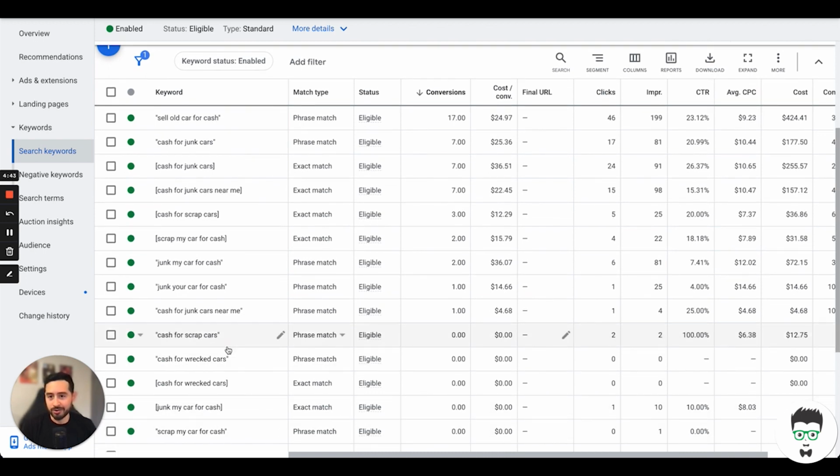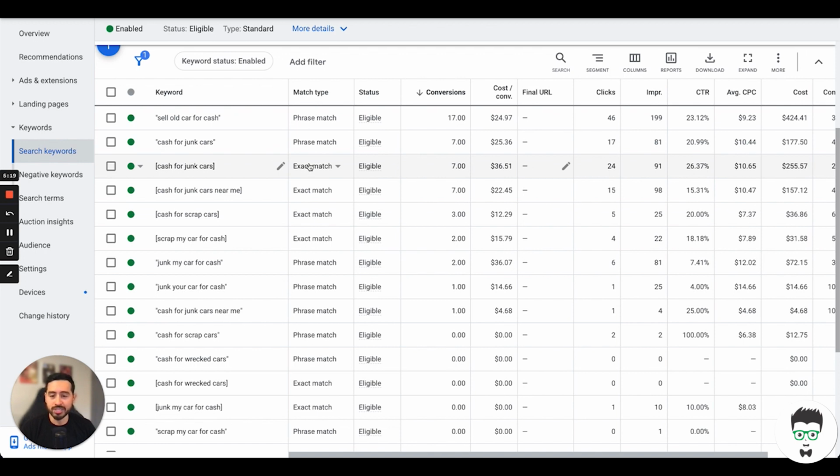So as I mentioned a little while ago, if you notice here, we're using cash for junk cars with the quotes, and then we have cash for junk cars in the brackets. And the reason is that within Google, this tells Google the match type, I should say. So if you notice here, it says phrase and this says exact. These are standard when we are running Google ad campaigns, as these keywords typically bring in the appropriate lead quality, or the appropriate types of searches that we're looking for when it comes to driving leads.